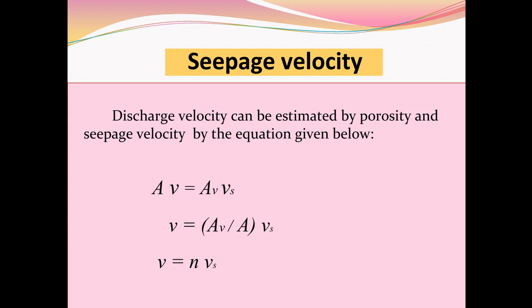So these two can be related: A into v is equal to A suffix v into v suffix s. It can also be expressed as v is equal to n into vs, where n is the porosity, which can be defined as the ratio between the area of voids to the area of soil mass.